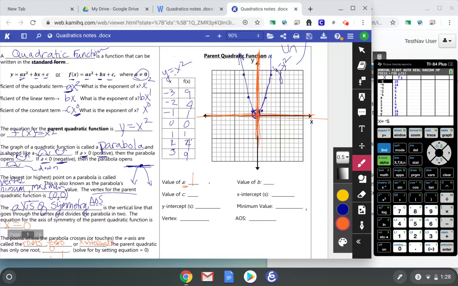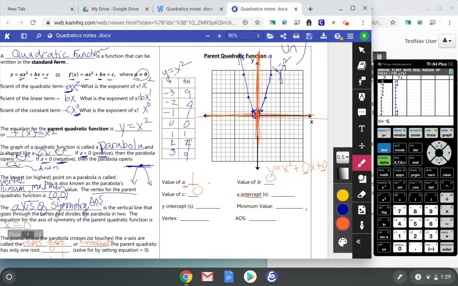Well, this technically is saying, again, y equals x squared plus 0x, because I see 0 x's, plus 0. So my b value is the coefficient of that x term, so it would be 0. My c value is that constant, so that would be 0.